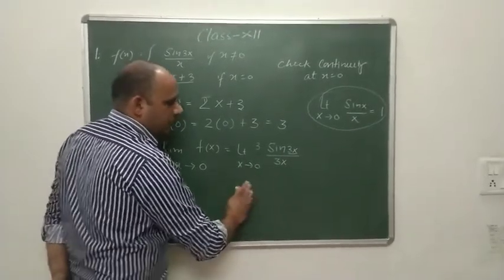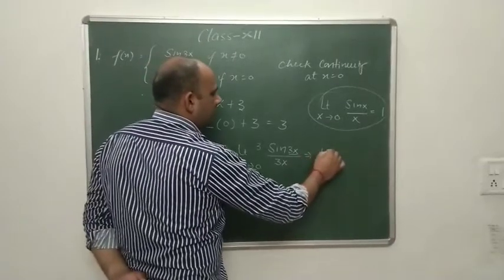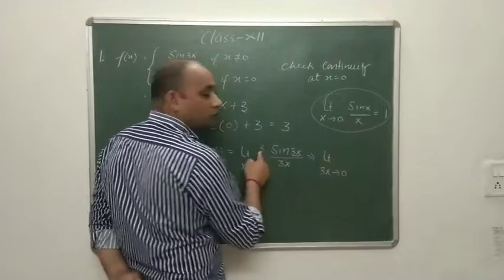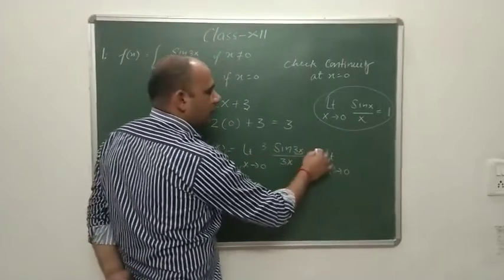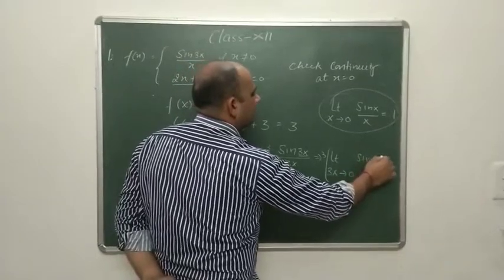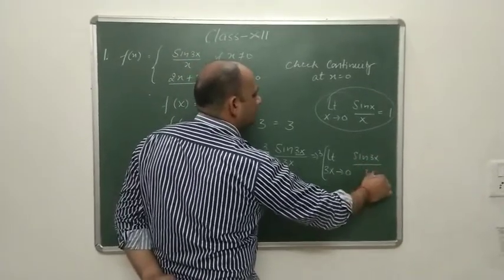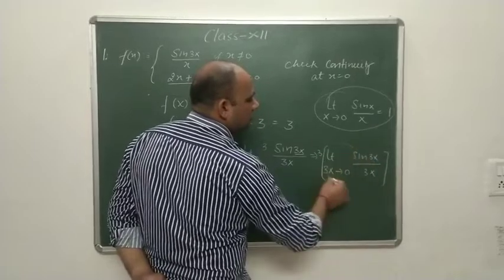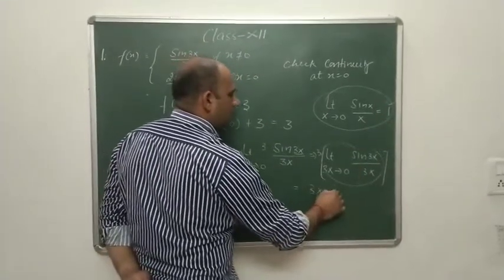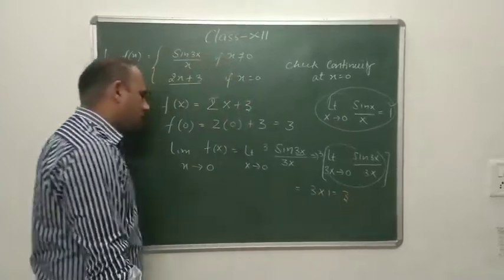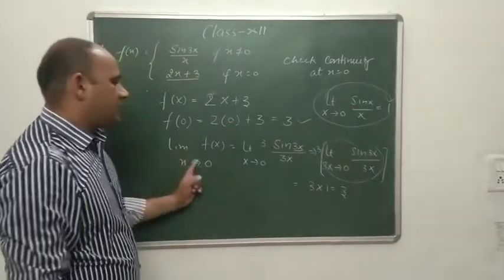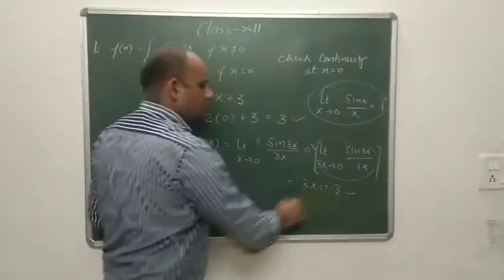So in the next step, limit 3x tends to 0, 3 is constant, we take it outside, and sin 3x upon 3x is equal to 1. So we have 3 into 1 is 3. Now you can see f(0) is 3 and limit x tends to 0 of f(x) is also 3.